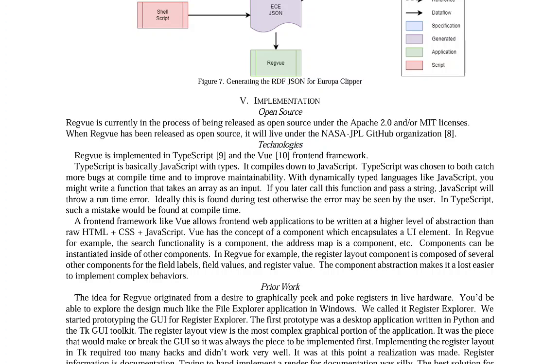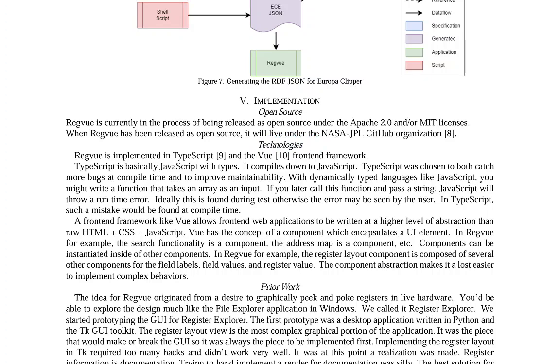With a dynamically typed language like JavaScript, you might write a function that takes an array as an input. If you later call the function and pass a string, JavaScript will throw a runtime error. Ideally, this is found during test, otherwise the error may be seen by the user. In TypeScript, such a mistake would be found at compile time.